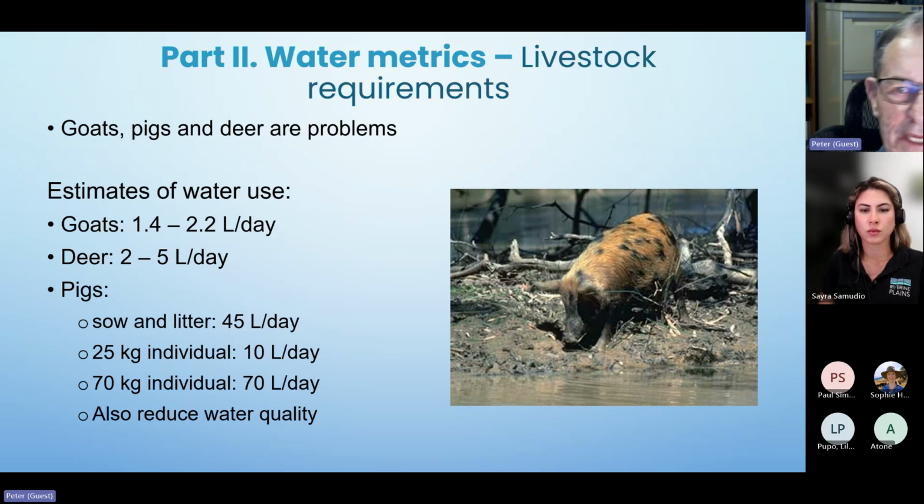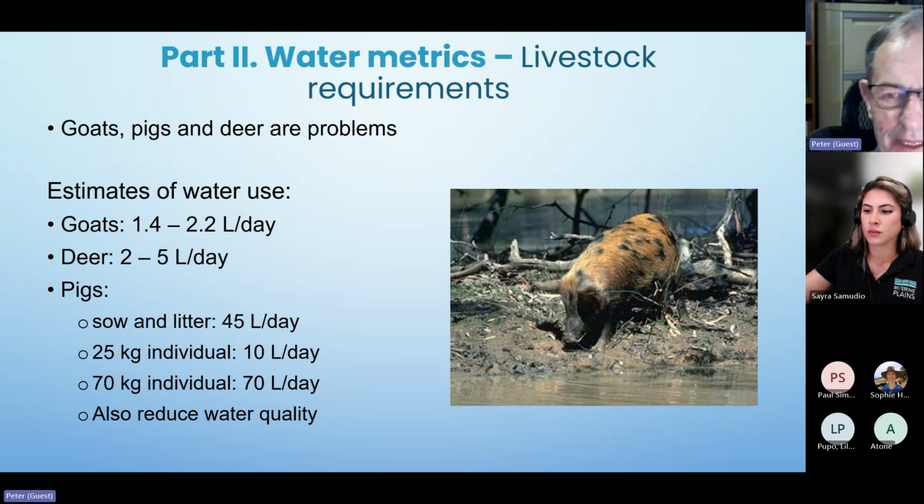Unfortunately, we have some other animals on the farm who also like to share the water. Can be goats, pigs or deer, depending on where you are in the state. You might have all of those or just some of them. And I say estimates because we're not really sure how much some of these feral animals might drink. But we do need to make allowance for it, because if they're drinking it, then your stock can't.